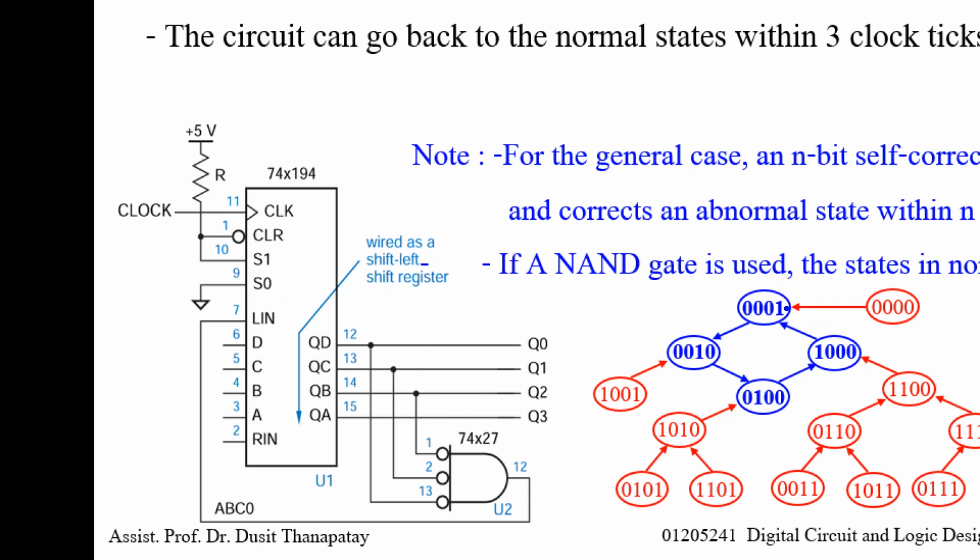So assume initially the state is something that is not the normal state. If these 3 bits are not 0, 0, 0, that means this output is 0, right?